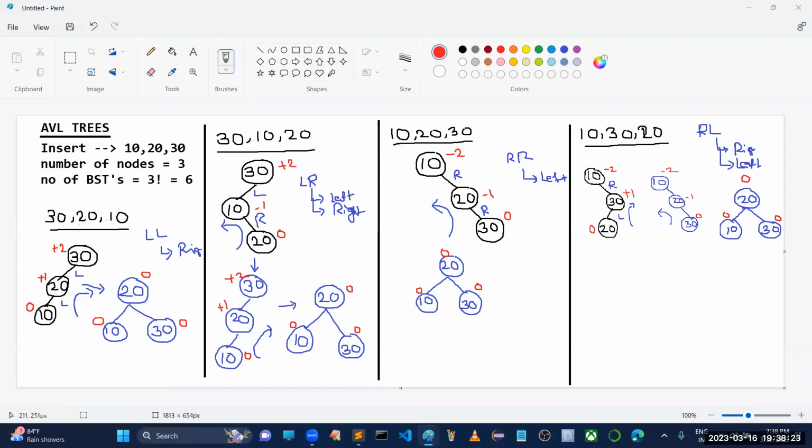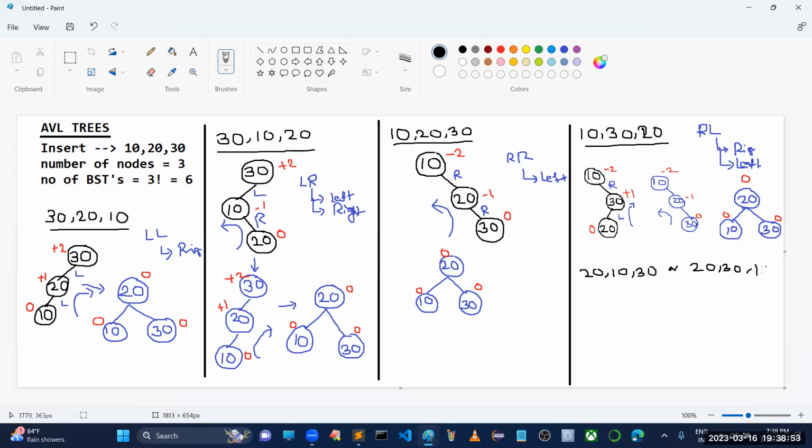What are those combinations? 30 at the beginning is completed, 10 at the beginning is completed. Now we have to take 20 at the beginning. So I'm taking 20, 10, 30, or 20, 30, 10.